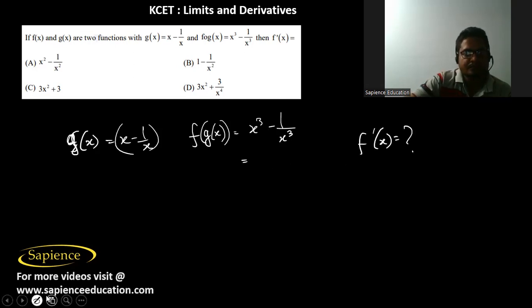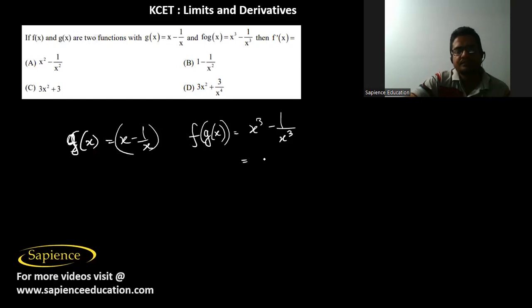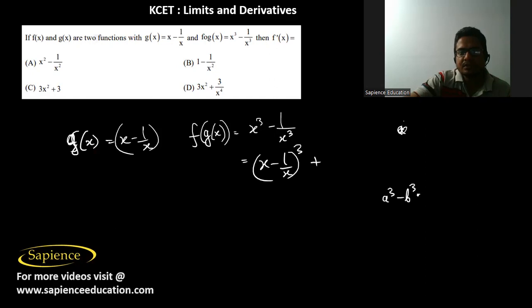So now this can be written as (x minus 1 by x) whole cube, since we know that a cube minus b cube is (a minus b) whole cube plus 3ab into (a minus b).